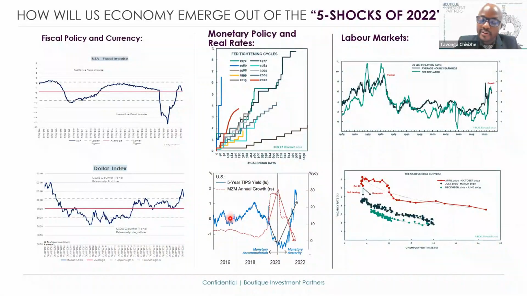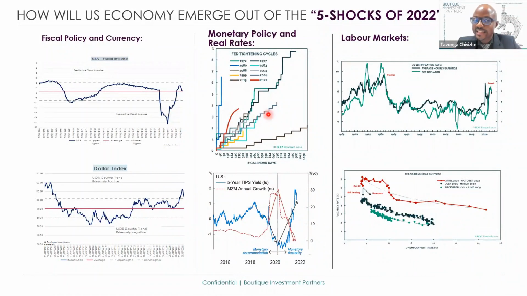We are arguing very strongly that there is no way government will suddenly start to spend again, especially because there's a hung house in the US with the Democrats and Republicans. So we are not counting on a sudden stimulus again from government, so we can remove fiscal as a release valve. The dollar, let's just park this for now.